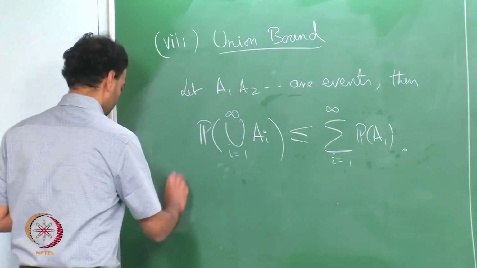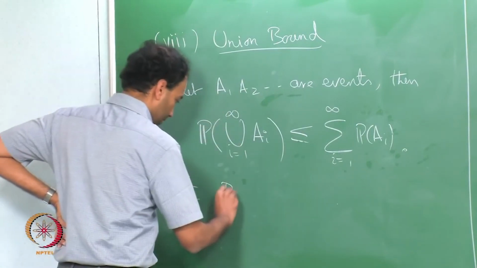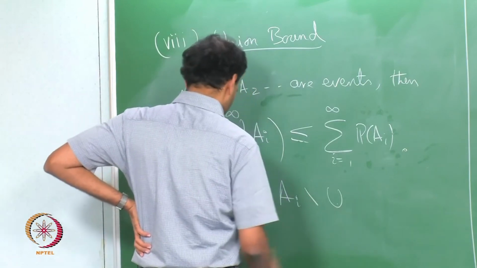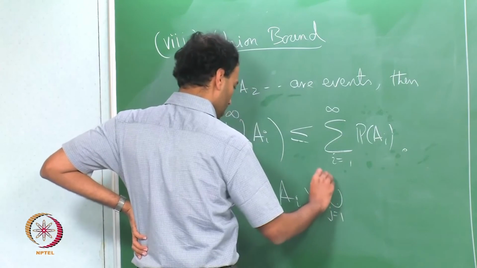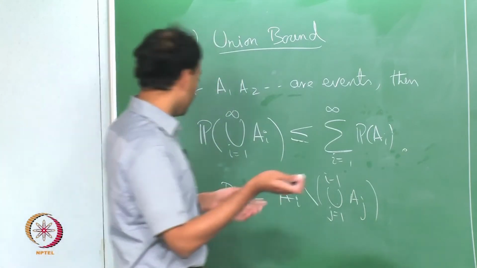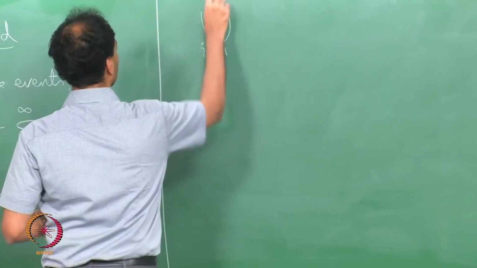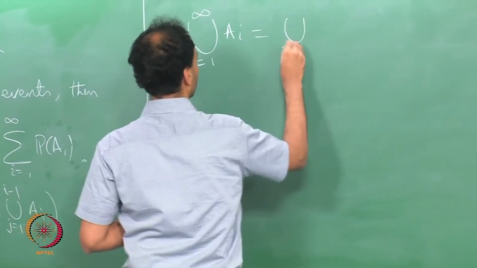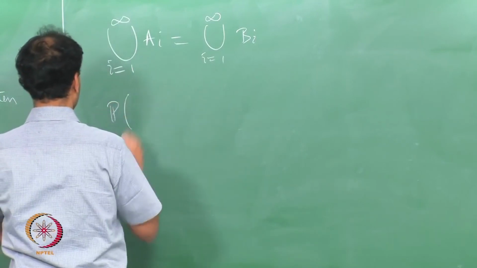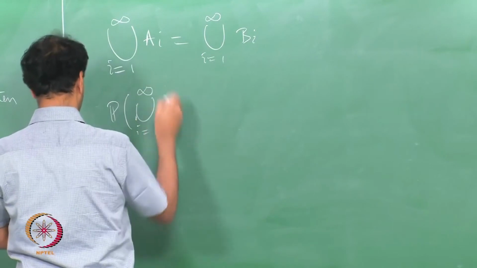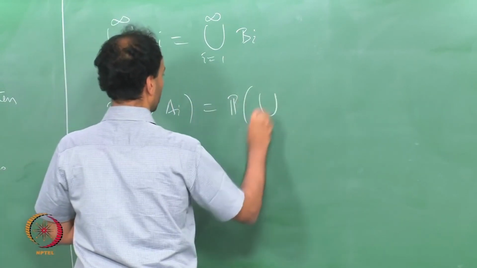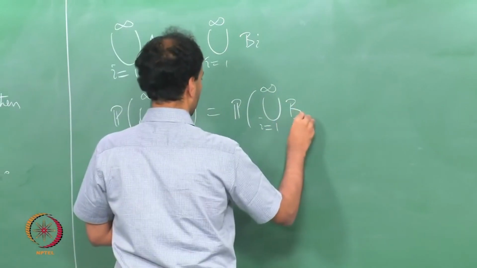The way to prove this is to go back to your B_i's. Remember we defined B_i as A_i minus the union over j equals 1 through i minus 1 of A_j. We know from our earlier claims that the union of the A_i's is equal to the union of the B_i's. So the probability on the left hand side is equal to the probability of the union over i equals 1 through infinity of the B_i's.